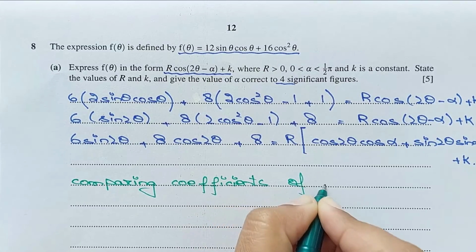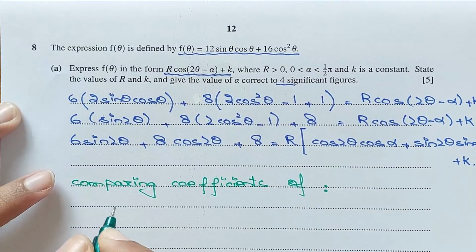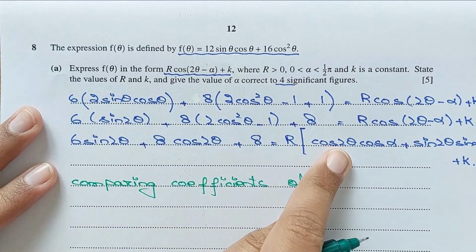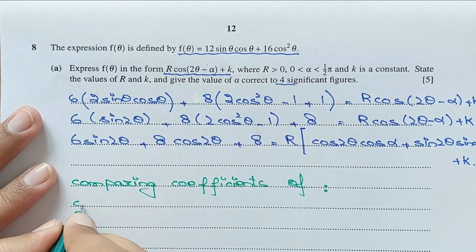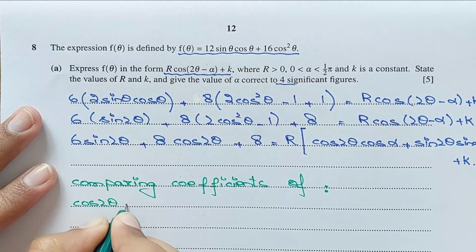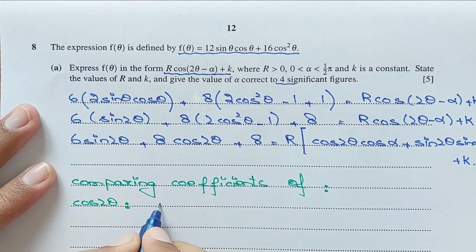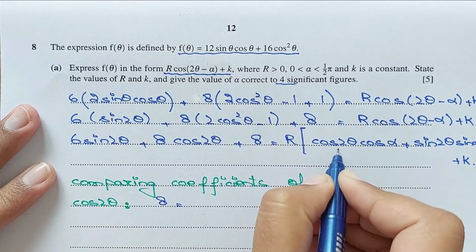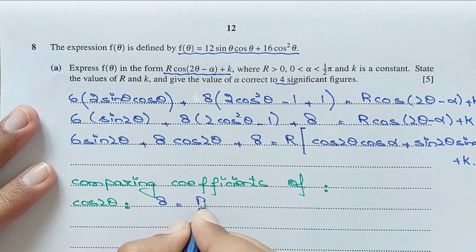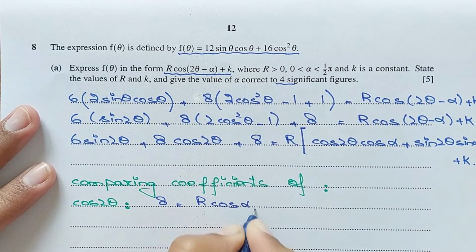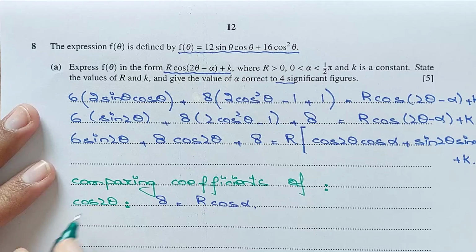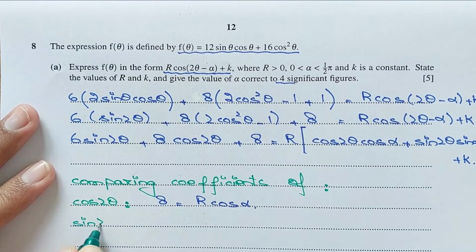of the first, let me compare the coefficient of cos 2 theta. Okay, so here cos 2 theta is 8, and on the other side cos 2 theta is r cos alpha. Okay, the next, comparing coefficient of sine 2 theta.